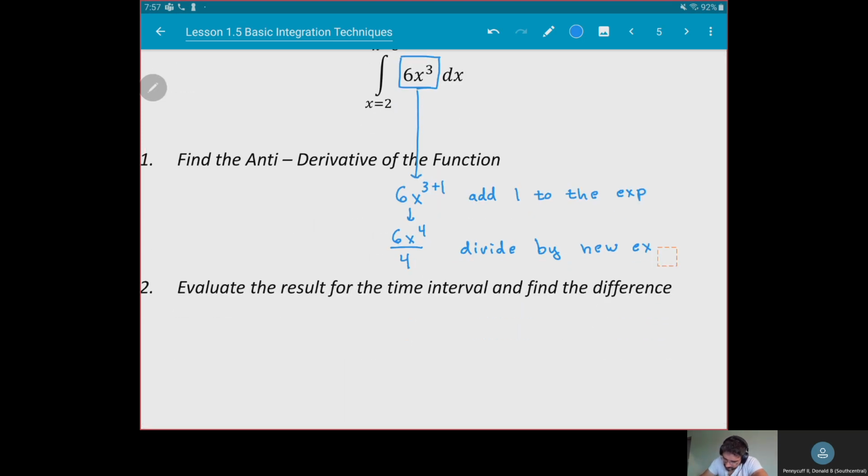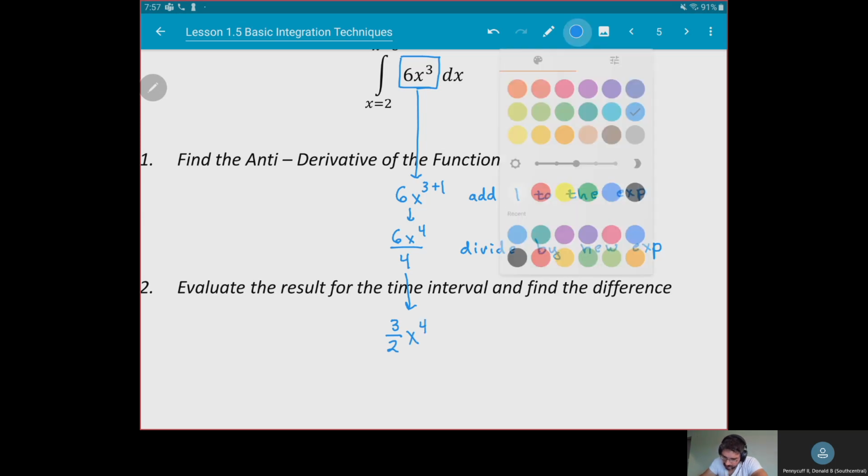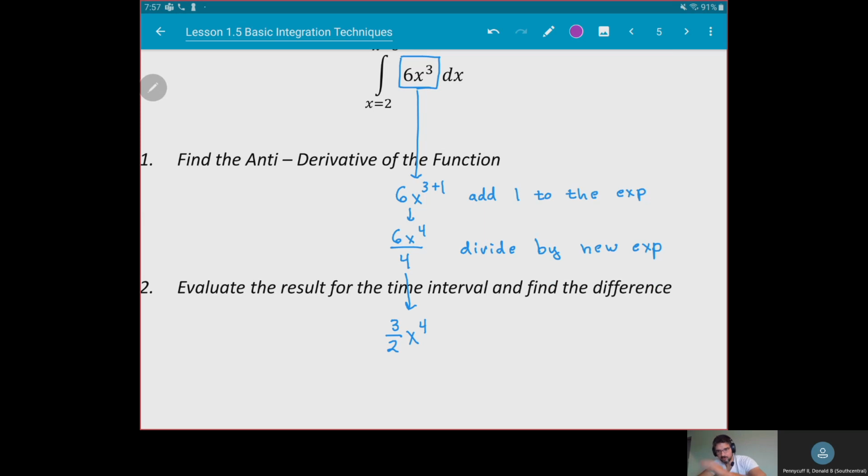Now, I should clean this up a little bit. So now that I've done that, I'm going to reduce that. That's going to be 3 over 2 x to the 4th. Okay. Now I'm going to introduce you guys to a new symbol. You do not put this back into the whole original thing anymore. So this part right here, let me circle this.